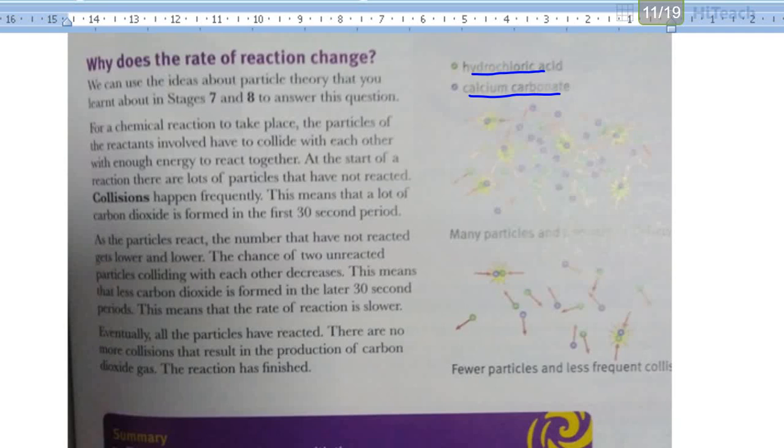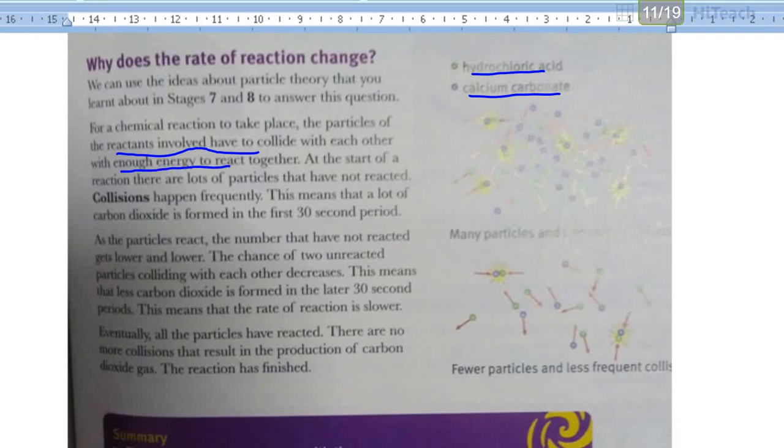At the beginning of the reaction, why was it the fastest and the slope steeper at that time? For a chemical reaction to take place, the particles of the reactants involved have to collide. The particles of hydrochloric acid will collide with the calcium carbonate, these are the reactants, with enough energy to react together.